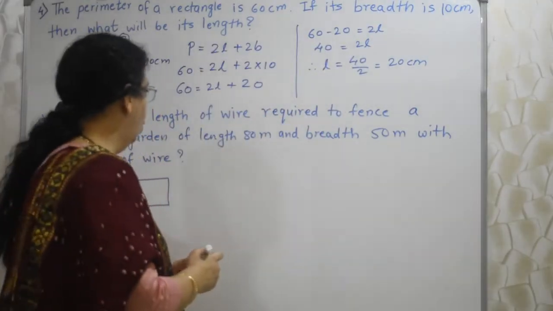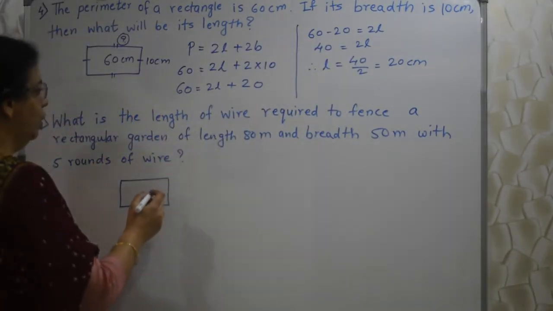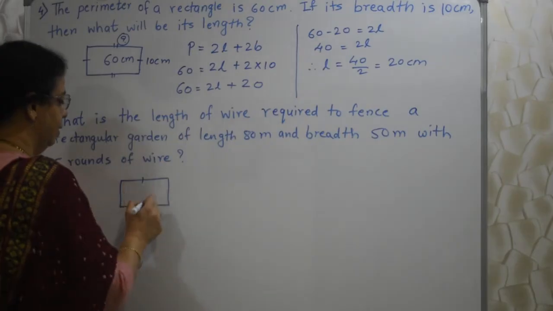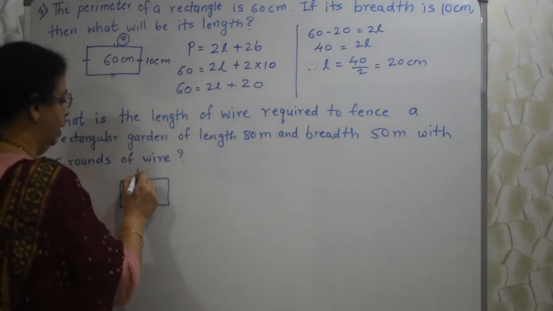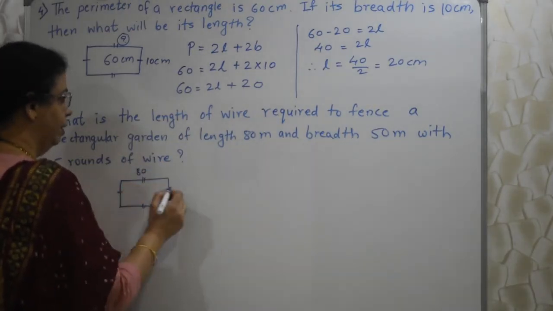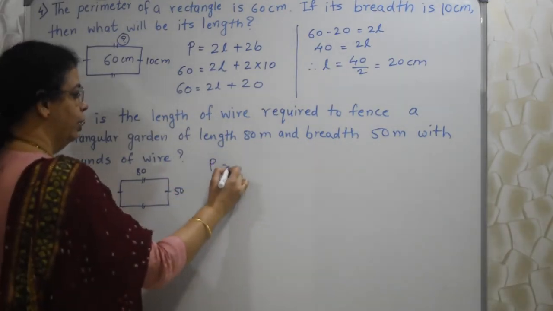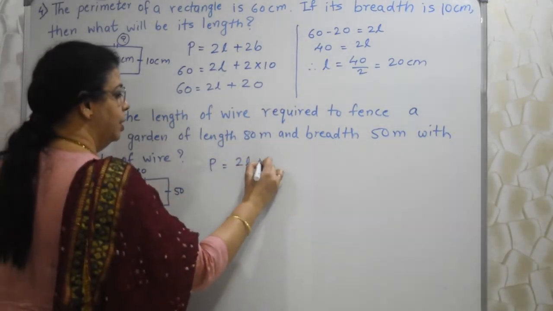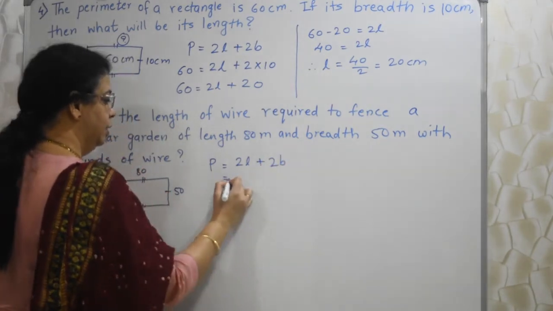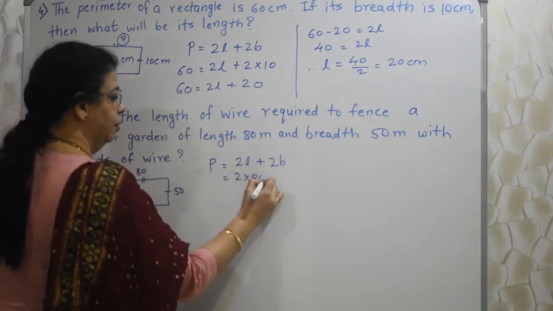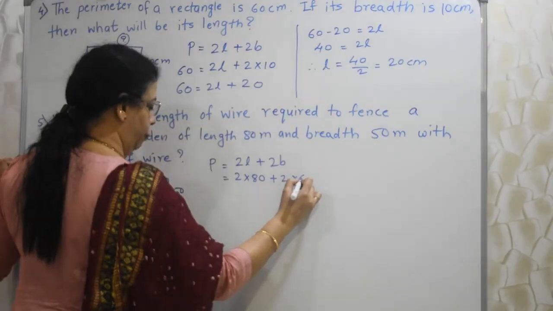Now what is given to us? Length is given 80, breadth is given 50. So what is going to be the perimeter? What is the formula? 2 times L plus 2 times B, that is 2 into 80 plus 2 into 50.